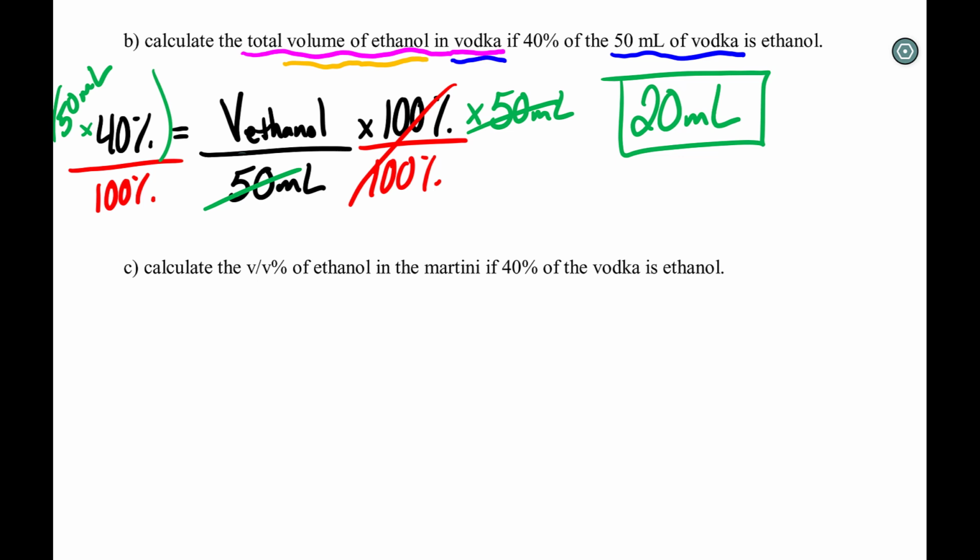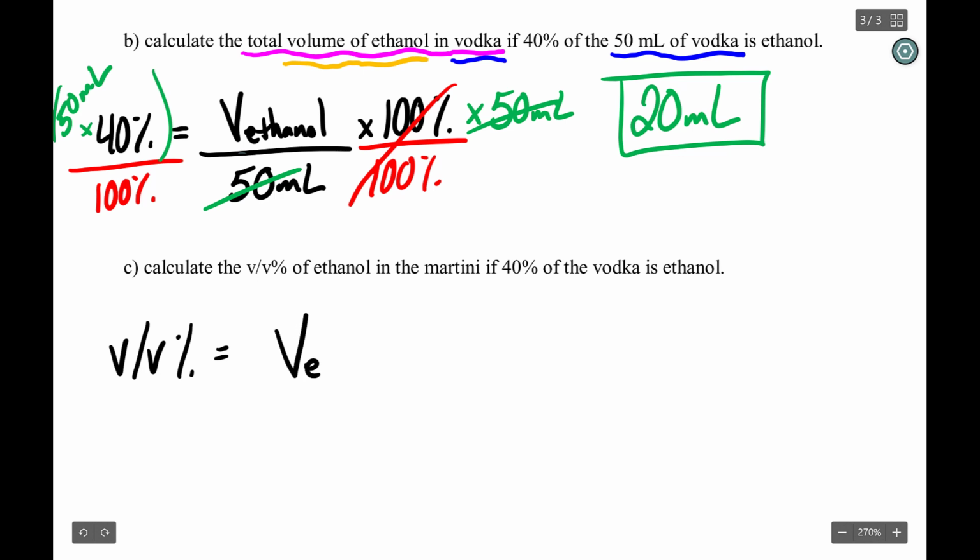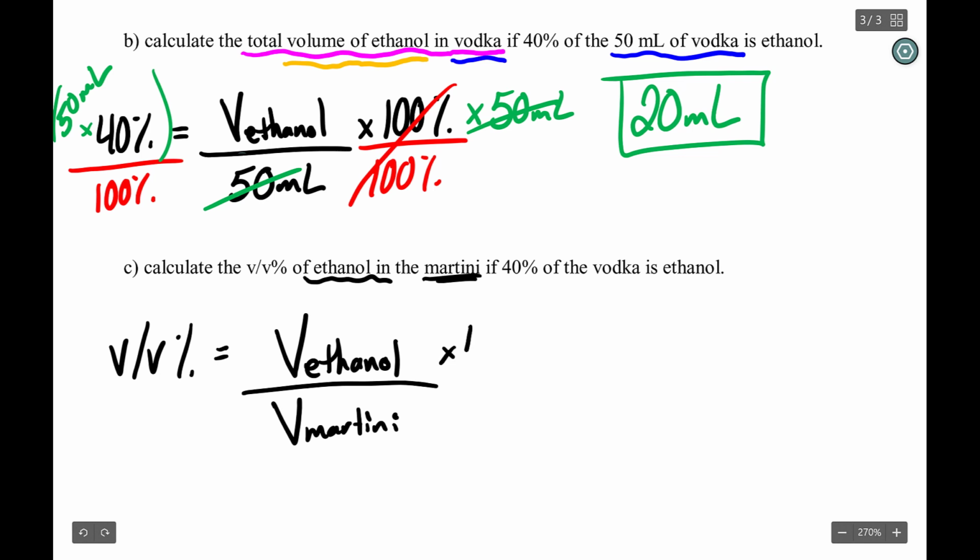Calculate the volume percent of ethanol in the martini if 40% of the vodka is ethanol. So let's have a go at this one. Volume percent is equal to the volume of ethanol, because it's asking about ethanol in the martini this time, over, it says in the martini, this is going to be my solution, so my volume of martini, times 100%.